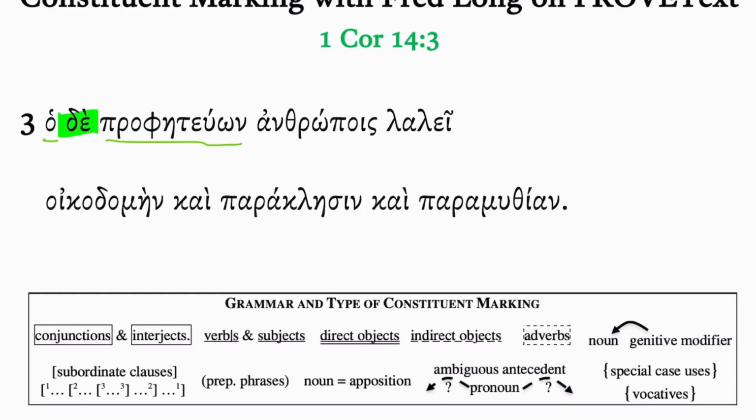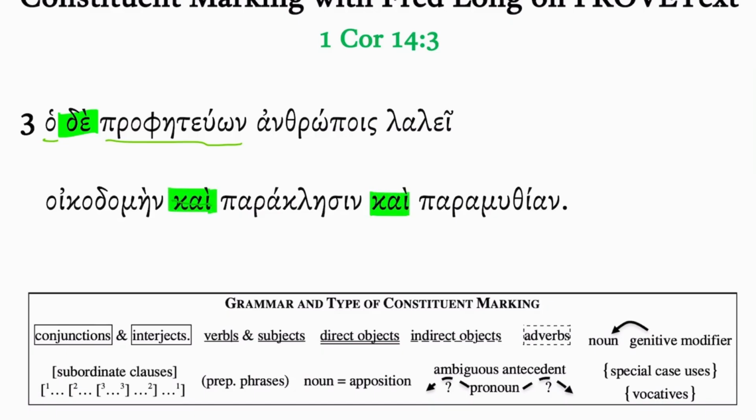So we're looking at 1 Corinthians 14:3, which reads like this in Greek: Ho de prophēteuōn anthrōpois lalei oikodomēn kai paraklēsin kai paramythian. All right, so de is a connector. I put connectors inside of boxes, and there are a couple of other connectors.